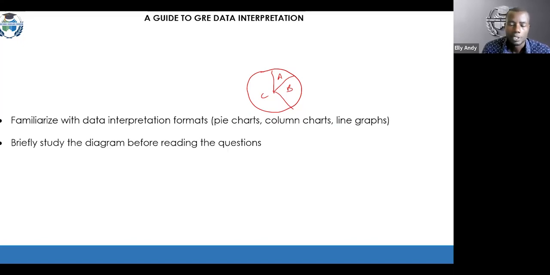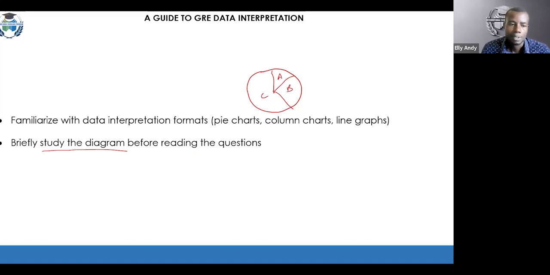Then when it comes to the question itself, you need to study the diagram, whether it's the chart or a graph, before reading the question. Now, we point this out because, understanding that the GRE is time sensitive, many people usually rush to the questions and start answering, maybe even before understanding what the question is all about.